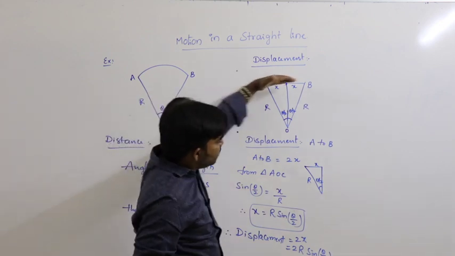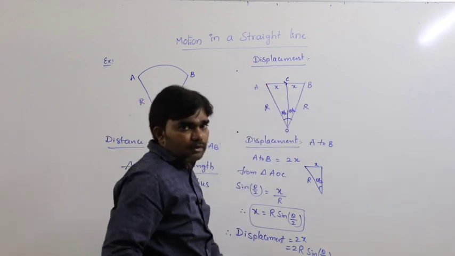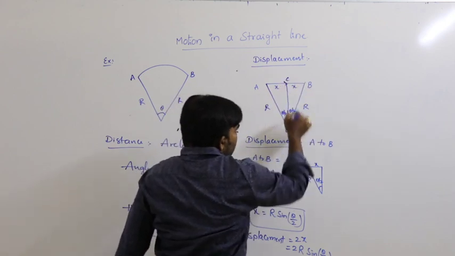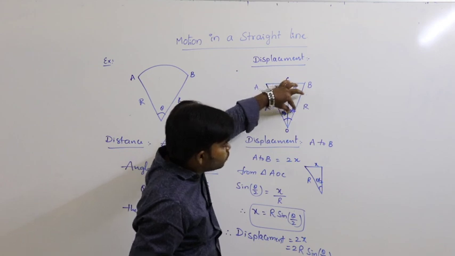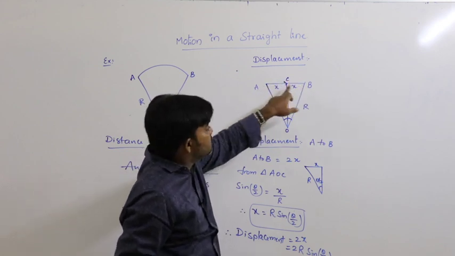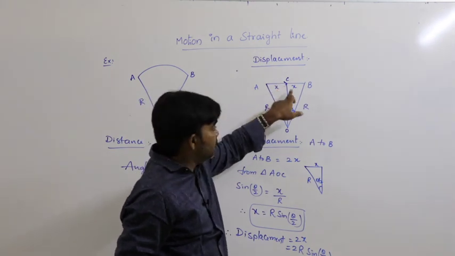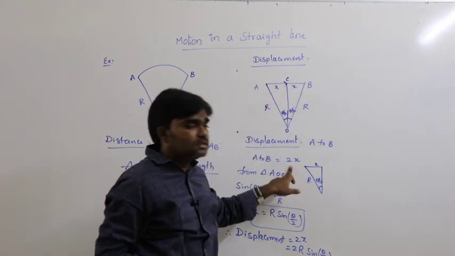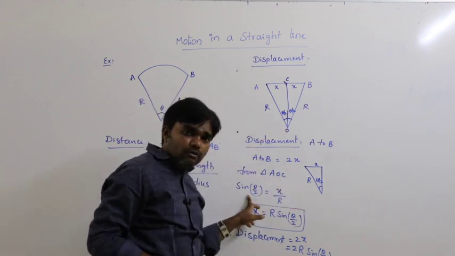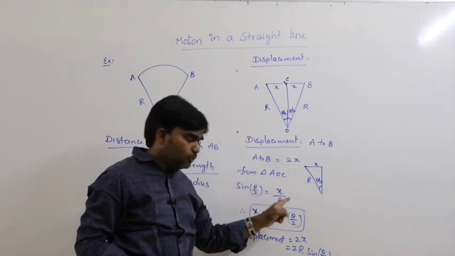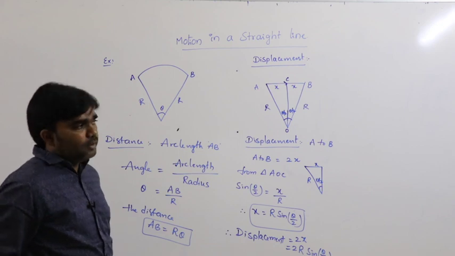Next, to calculate the displacement, this is the shortest path between A and B. For that purpose, if you draw the perpendicular here, this perpendicular divides the angle into two equal halves and divides this also into two equal halves, and that's why we call it x and x. The total displacement is 2x. From the right angle triangle, according to the sin theta formula, opposite side by hypotenuse, we got the displacement is equal to 2r sin theta by 2.